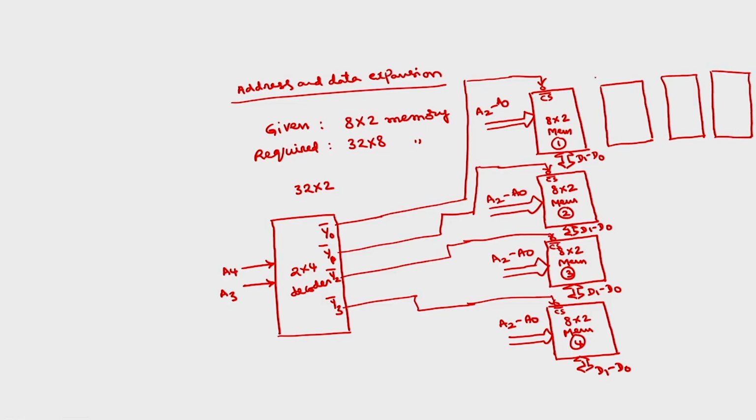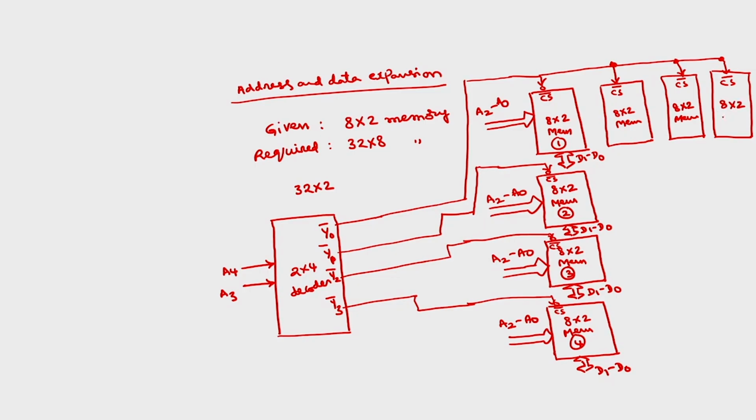The only thing is the chip select of all these 4 parallel chips has to be connected together. This is another 8 by 2 memory, another 8 by 2 memory. You have to connect A2 to A0 of all these memories together.